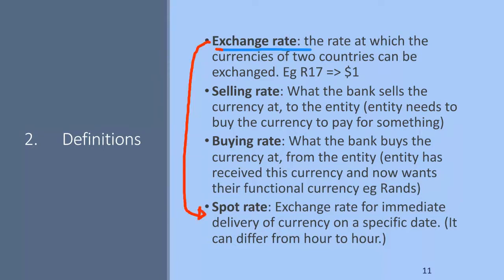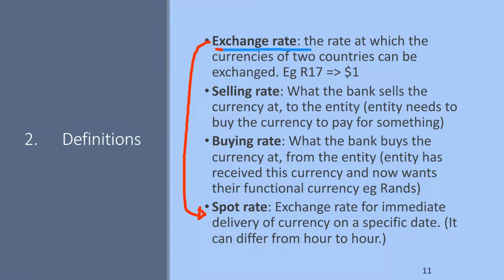The spot rate is the exchange rate at a given time in the day, and it changes from minute to minute. The spot rate changes very quickly, sometimes even in less than a minute. Again, it's the rate at which we can convert one currency into another currency.